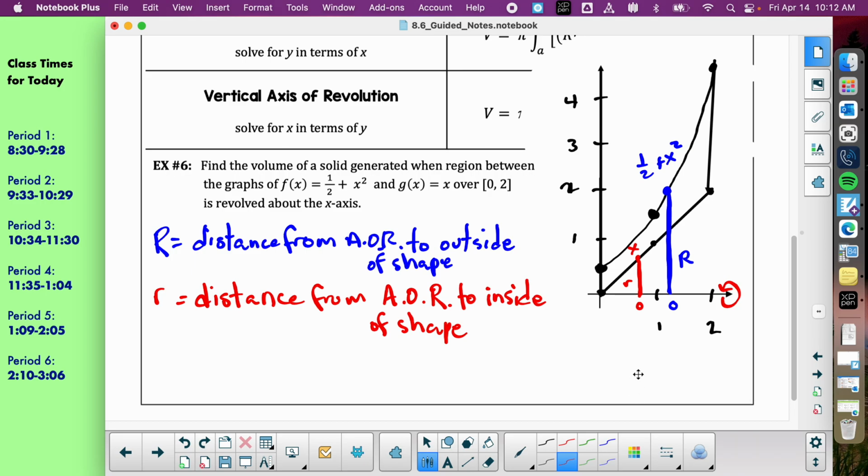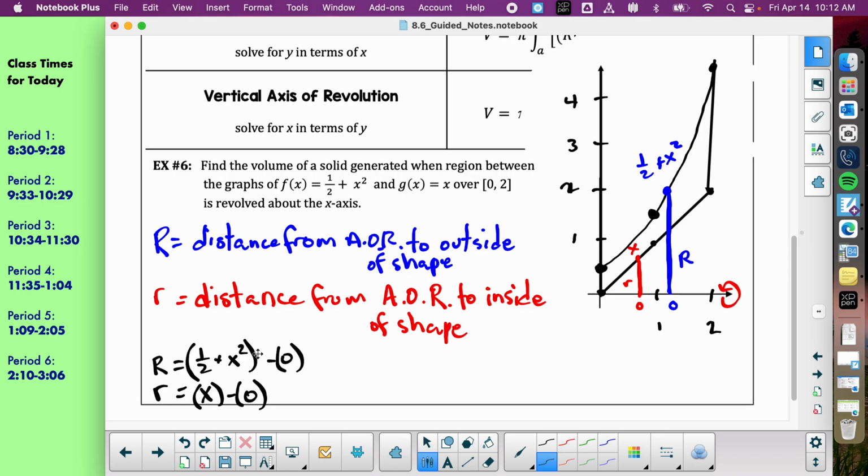So if you want to calculate this stuff away from the problem, you certainly can. Some people just like to write everything all at once. However you want to do it is fine. So I'm going to write these off on the side because I feel like some of you need this. Big R will be 1/2 plus x squared minus 0. Little r, x minus 0.